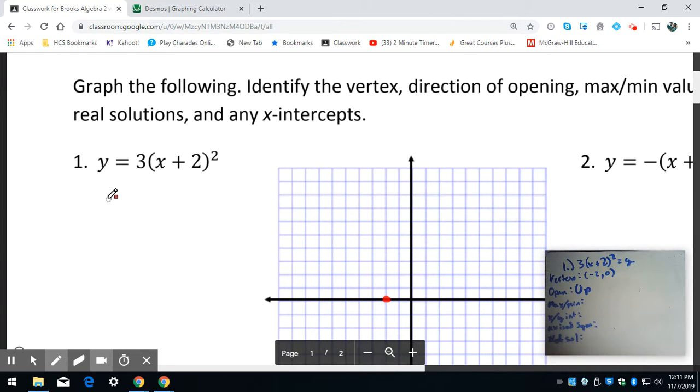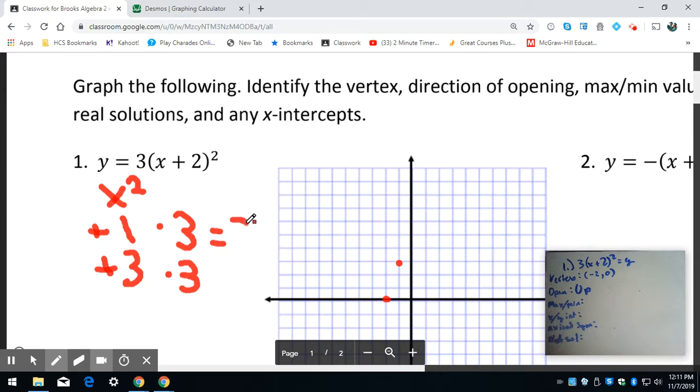So normally for x squared, we would go up 1, then up 3, and so on. But rather than that, we're going to multiply it by our vertical stretch. So instead of going up 1 over 1, we're going to go up 3 over 1. Then it's just 3, so we go up 3 times 3, which is 9, right?